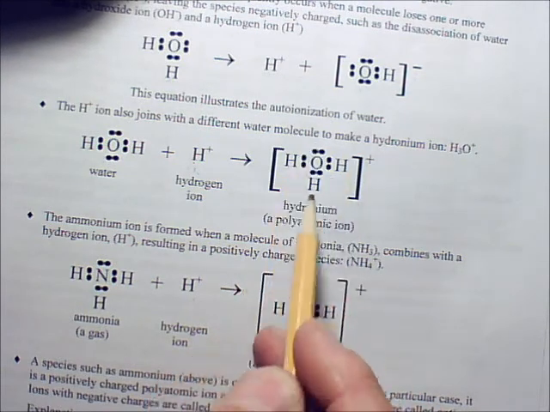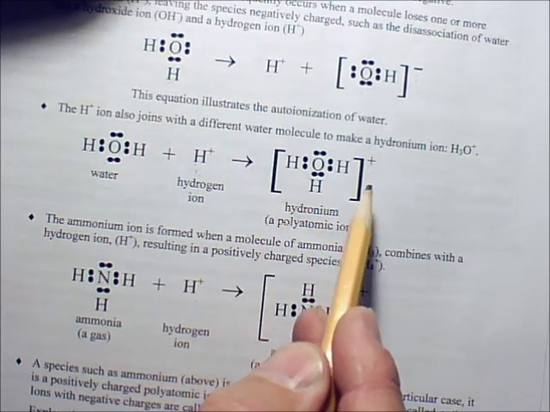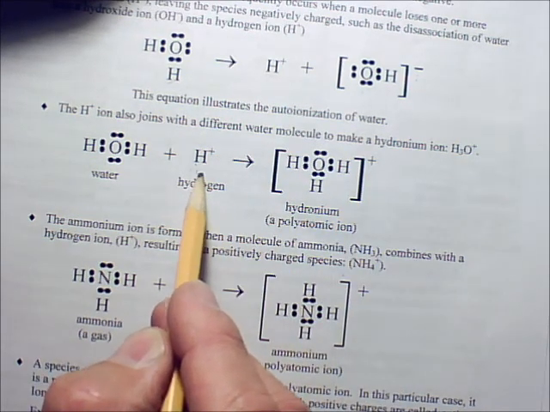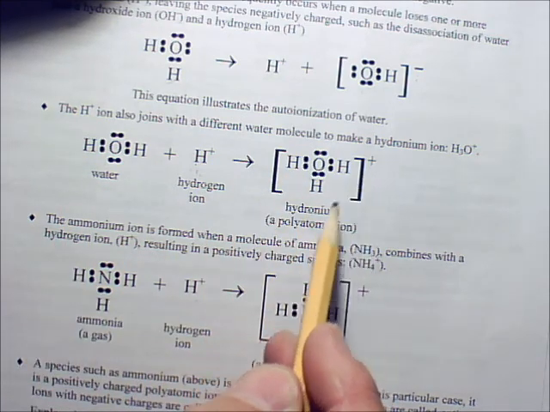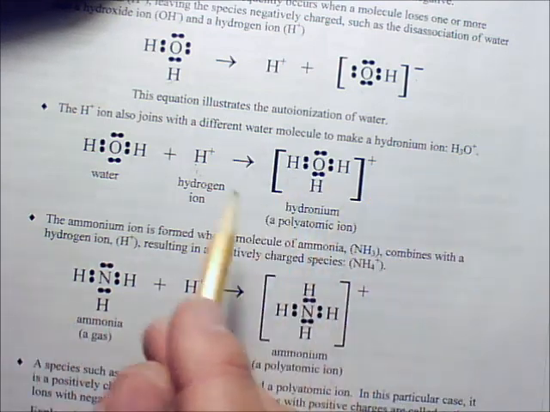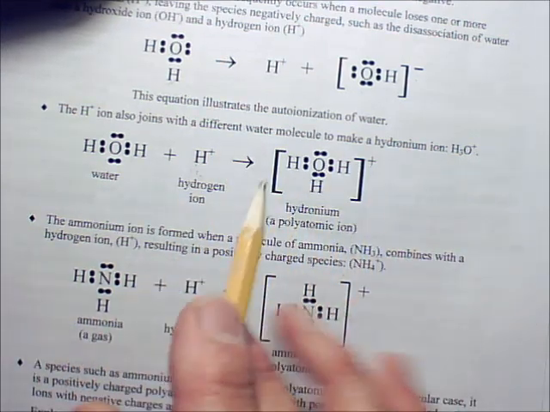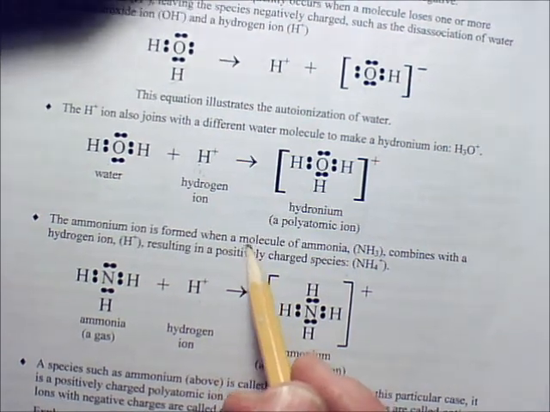This is called hydronium. And it's got the brackets around it and the plus charge outside because the hydrogen ion joined on a neutral water. So this structure has a plus sign, a positive charge. And the whole thing, all together, is sharing this positive charge throughout the whole molecular structure, this polyatomic ion structure.